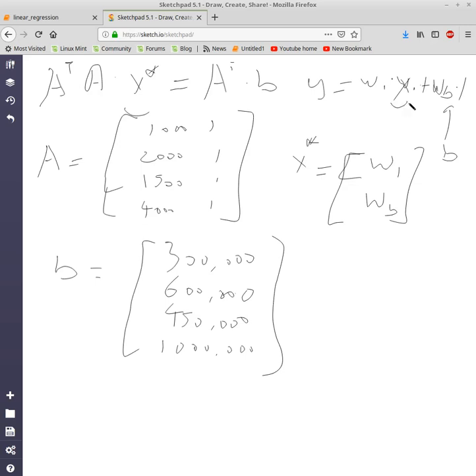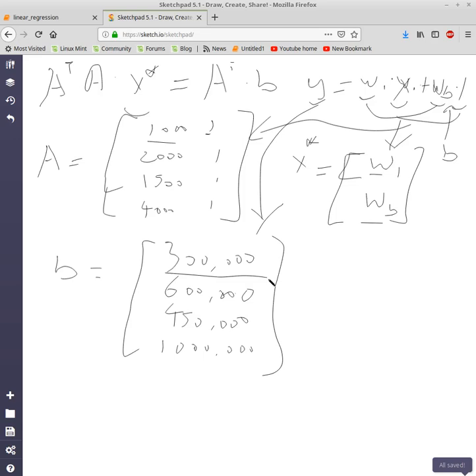So this value right here, these two is this equation, and this 2 is this equation, and this one is over here. For example, for 1,000 square footage, you multiply it by W1, the bias 1, you multiply it by the bias, and you get a number like 300,000.